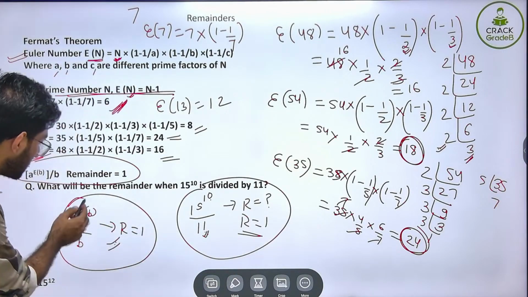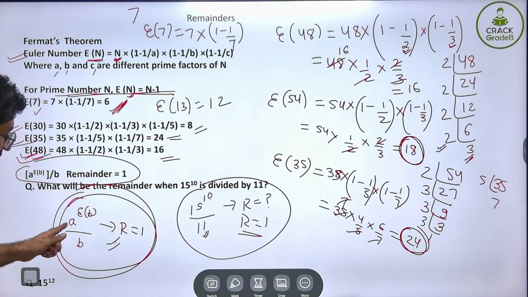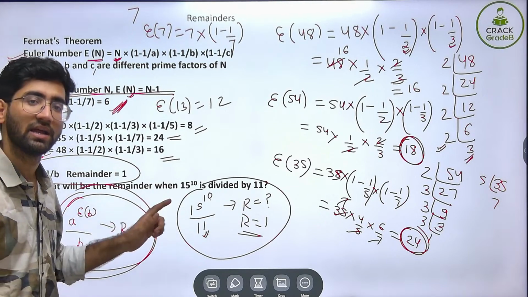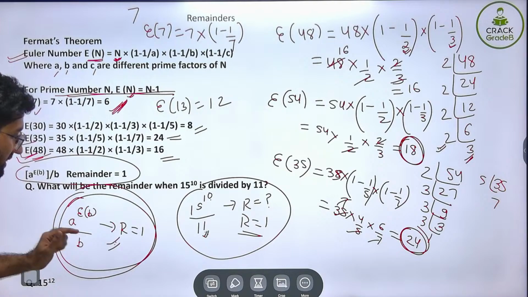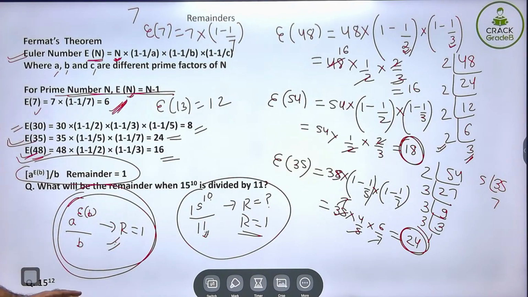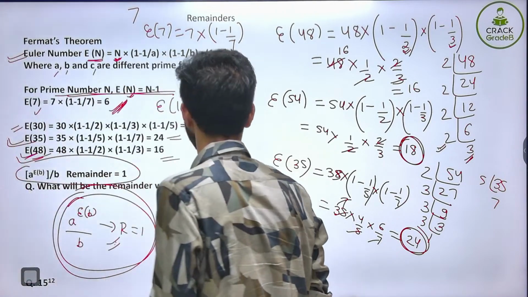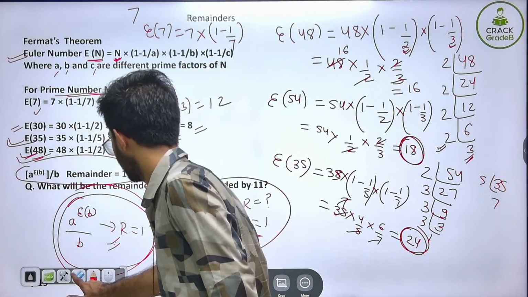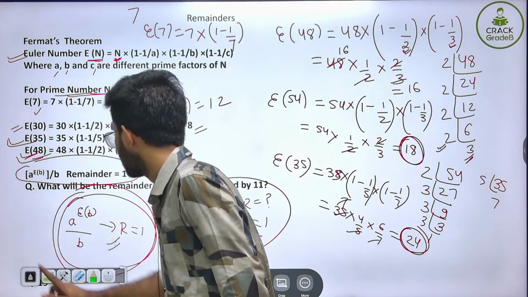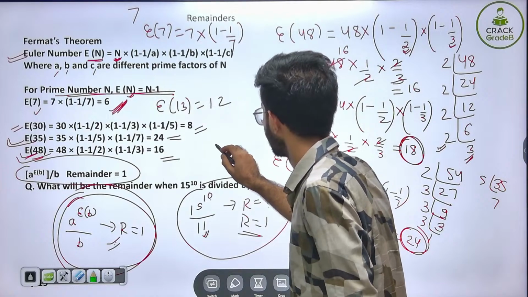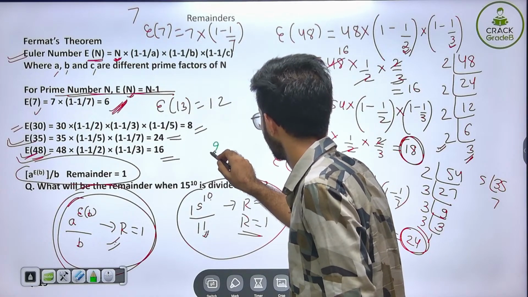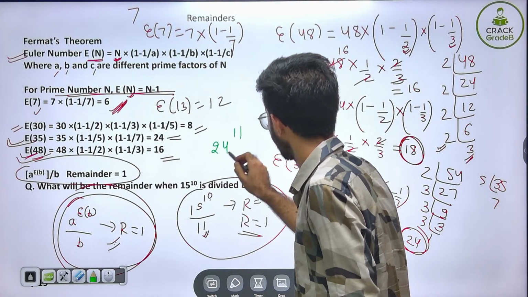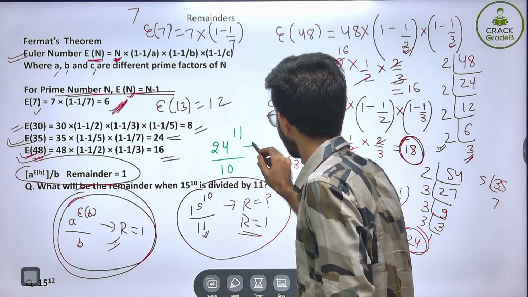What does Fermat's theorem say? That if you divide a to the power Euler number of b by b, you will get remainder equal to 1. Let us take another question. If I ask you, if you divide 24 to the power 10 by 11, what will be the remainder?